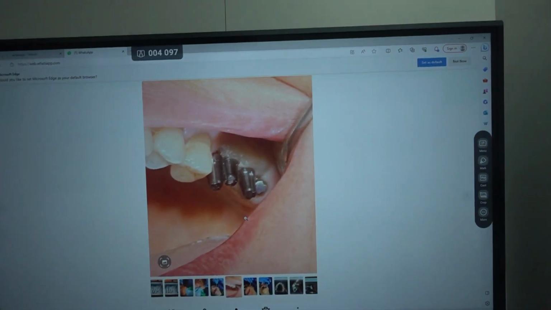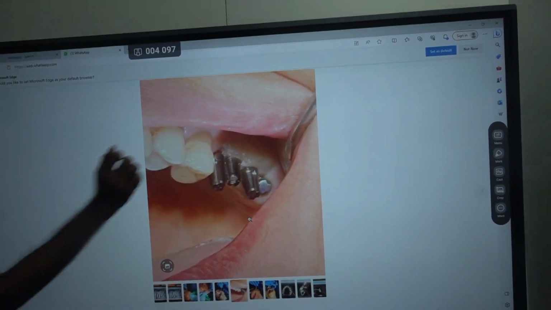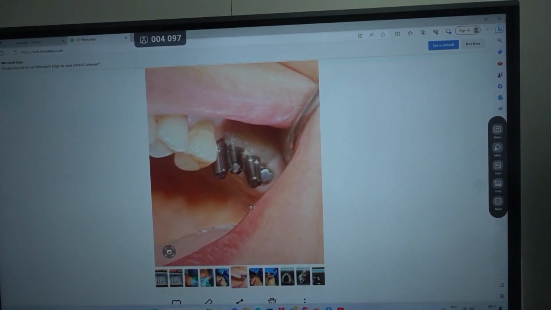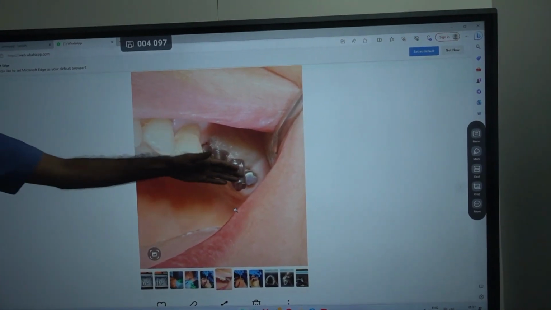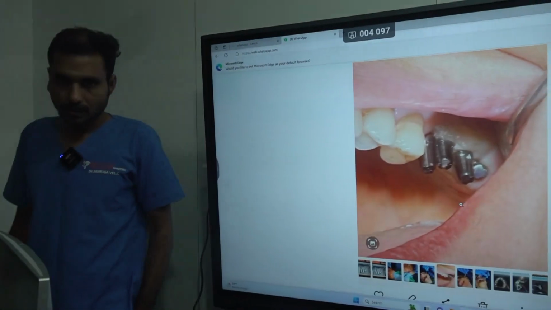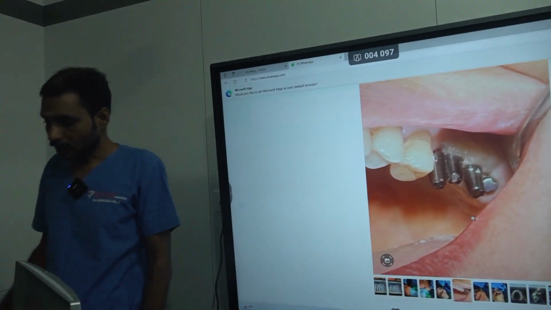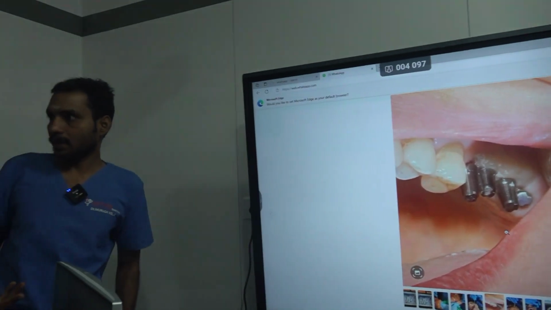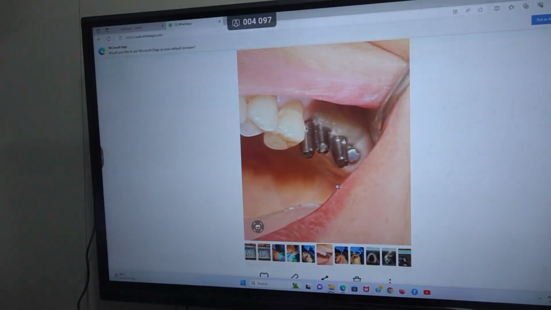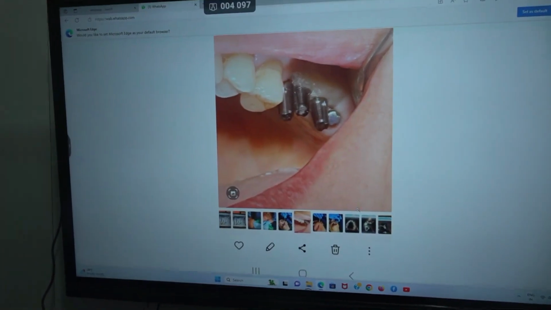So imagine this area, how the bone will get the blood supply now. Almost 4 implants, they are standing in the way of blood supply. Here 2 implants may be enough, or 3 is enough.